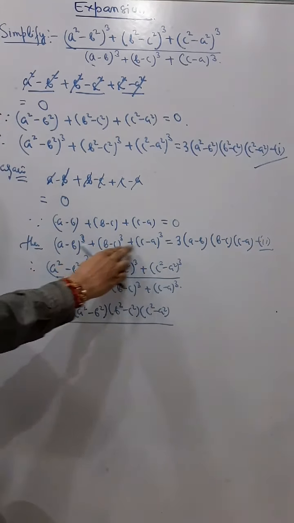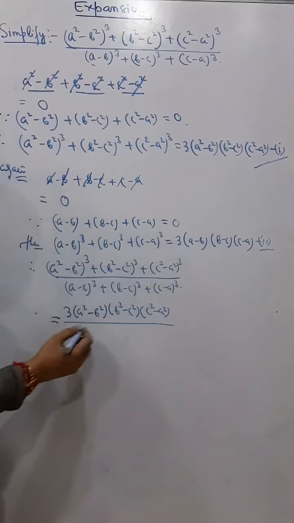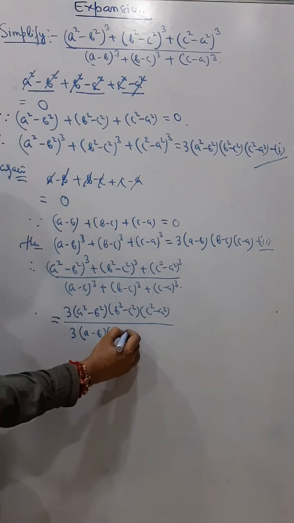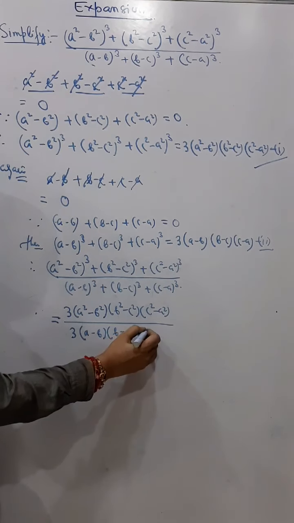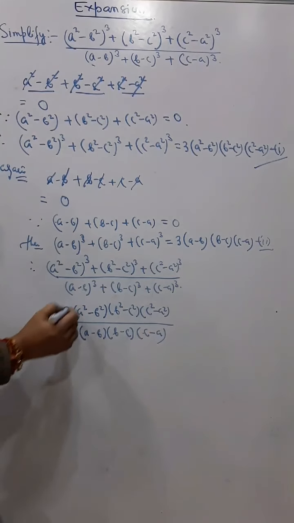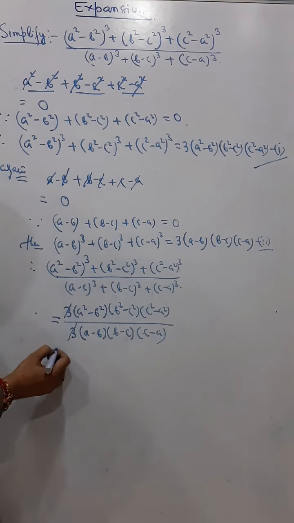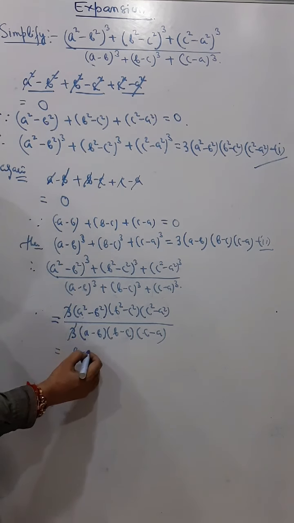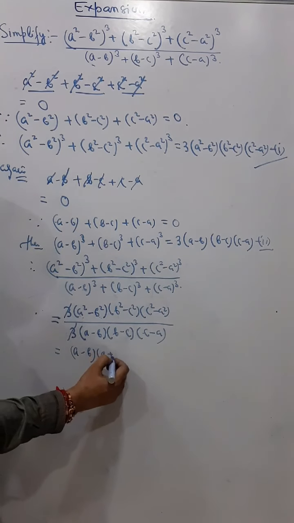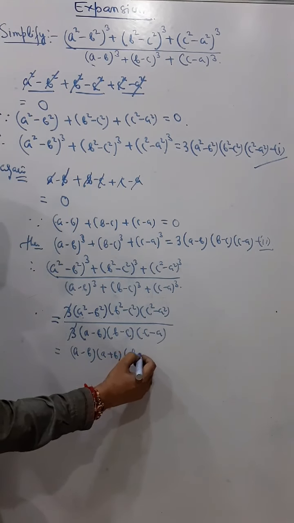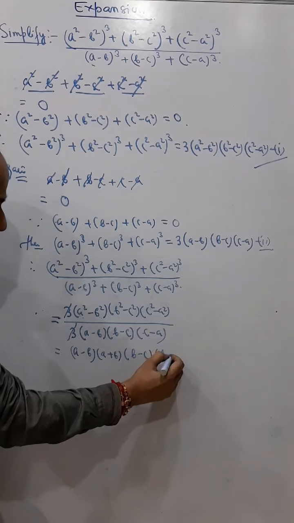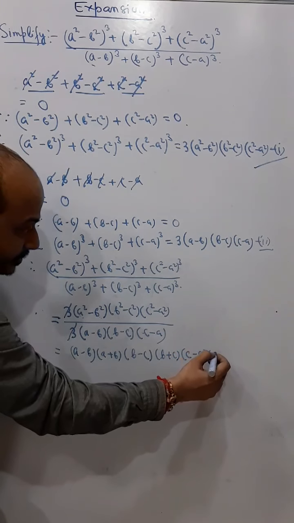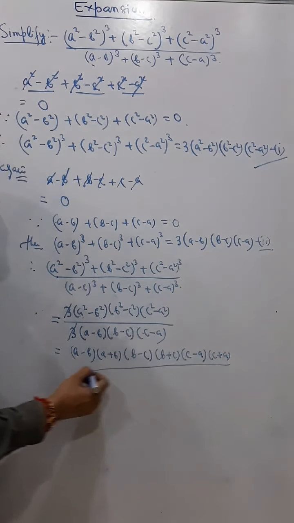So again, this cube plus this cube plus this cube is equal to 3abc. So we will write here 3 into (a minus b) into (b minus c) into (c minus a). First, 3 and 3 get cancelled, and now I can factorize. A square minus b square means (a minus b) into (a plus b). Similarly, b square minus c square is (b minus c) into (b plus c), and c square minus a square is (c minus a) into (c plus a).